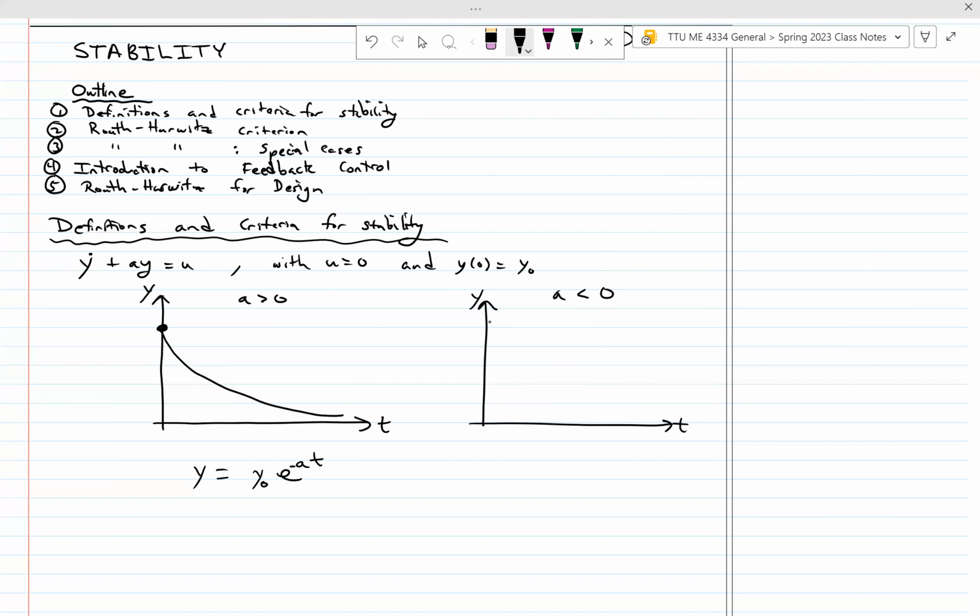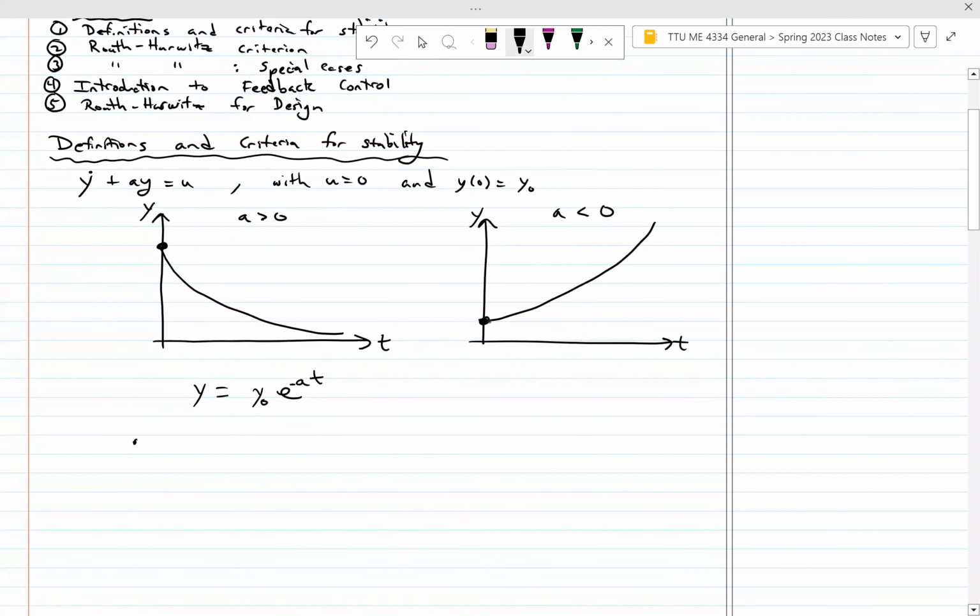What do you guys think happens in that case? There we go. We have a point here, and it's going to shoot off to positive or negative infinity and just go crazy.